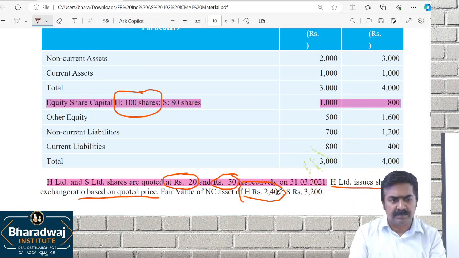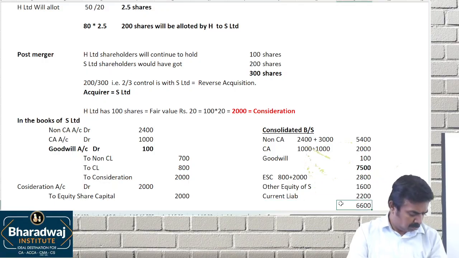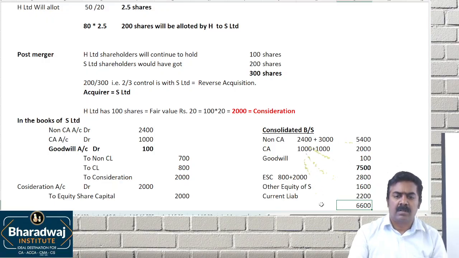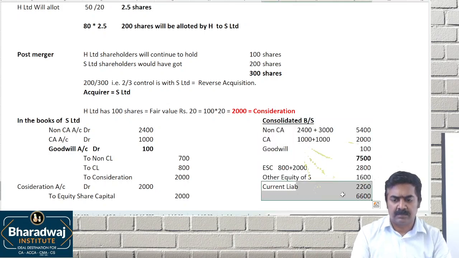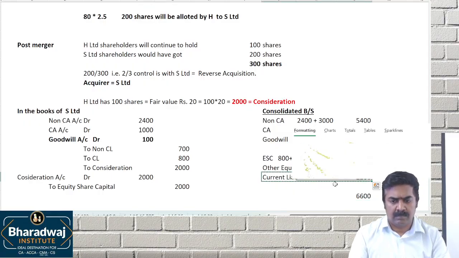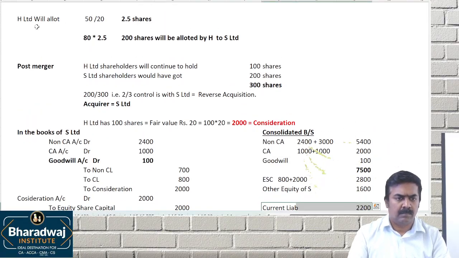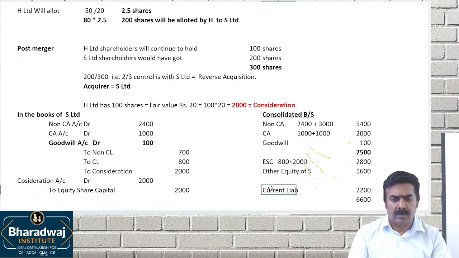And liability account. What is the non-current liability?